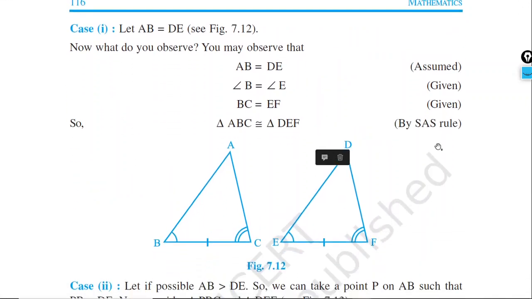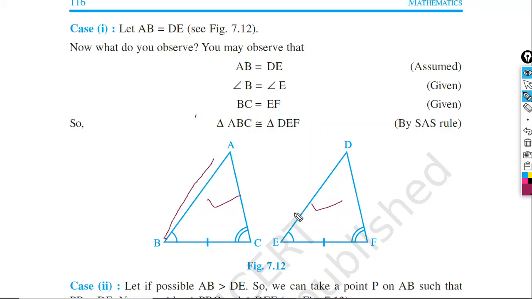Here it is. Okay, see, there are two triangles, triangle ABC and triangle DEF. Here some cases may arise. First case, suppose we consider AB is a side and DE is a side. What may happen? AB may be equal to DE. That is one case.